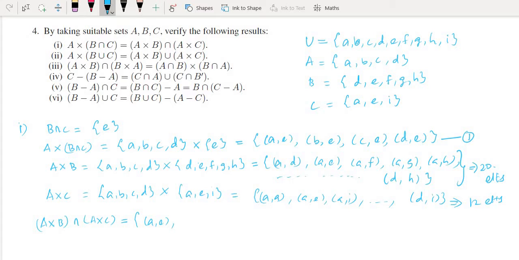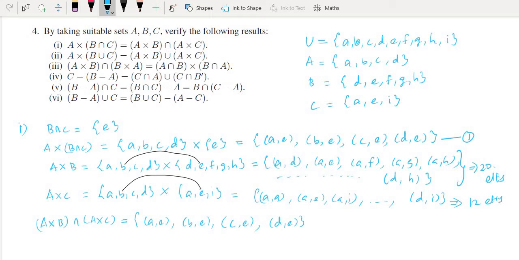Again, (b, e) will be in the first and (b, e) will be in the second. So I found one more common element, (b, e). Again we have one more element, (c, e), as well as (d, e).